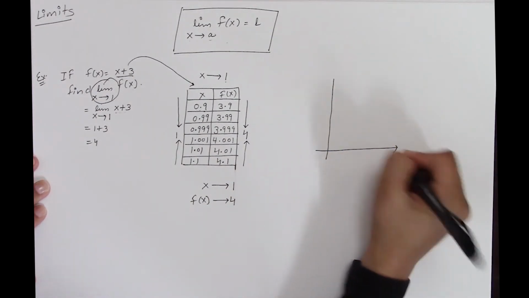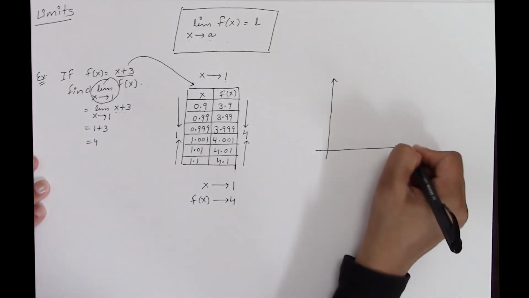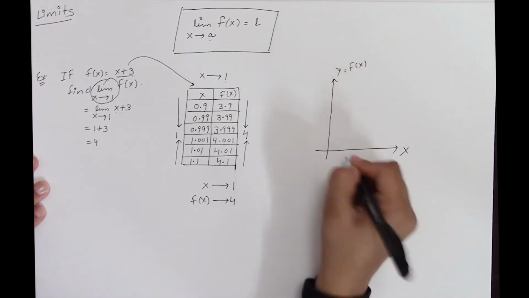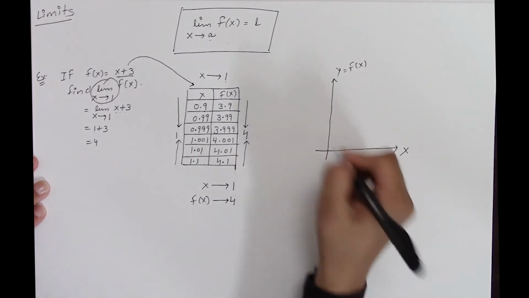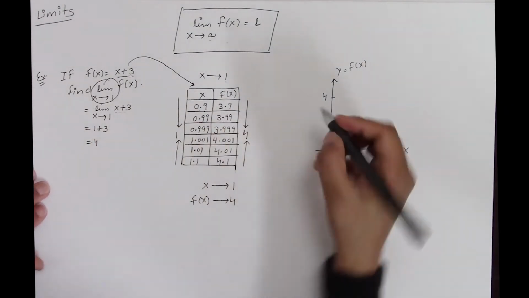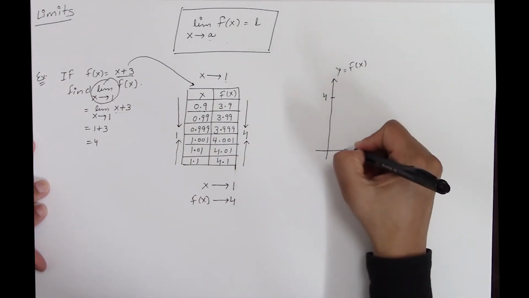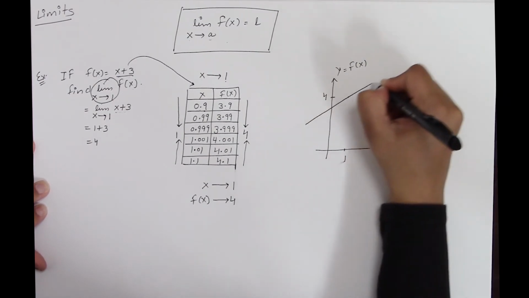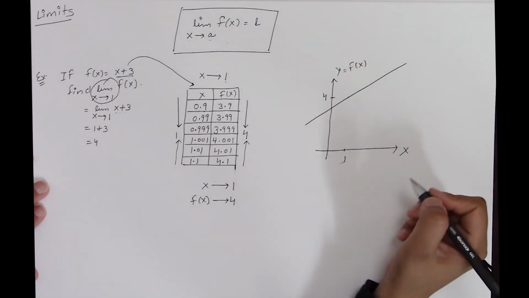If we see it graphically, this is x, y, which is equal to f of x. Here is somewhere 1, 4. Now this is a linear function, so the graph of this function will be like this, a line.